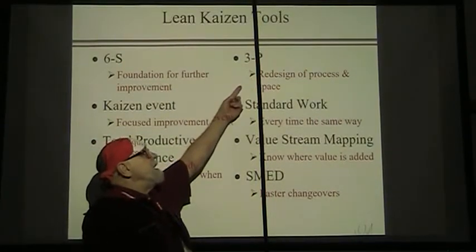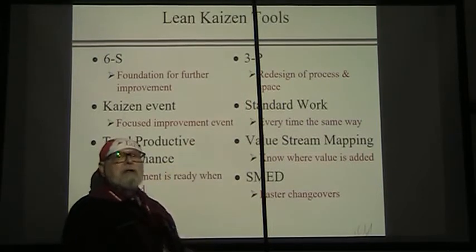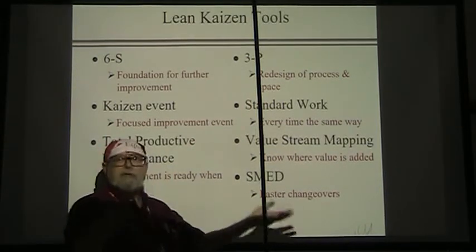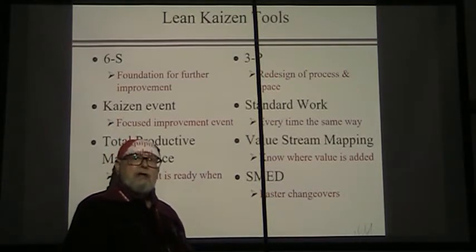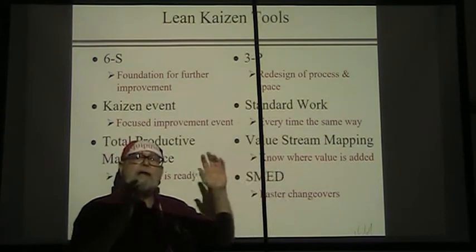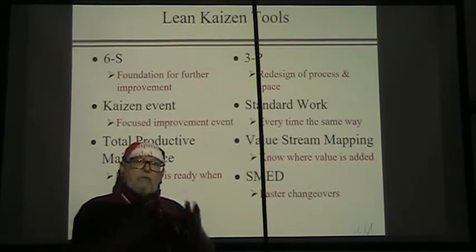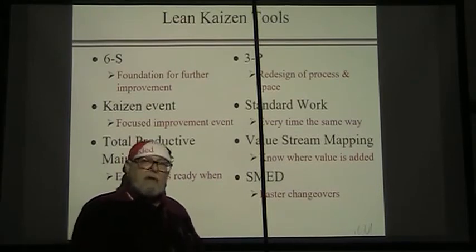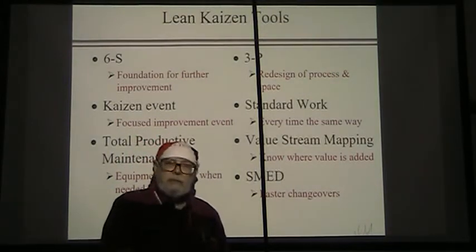A 3P event is what we use when we really need a big breakthrough in production. So usually that means we totally rethink how we do a process so that we can revamp it for better production. Right?